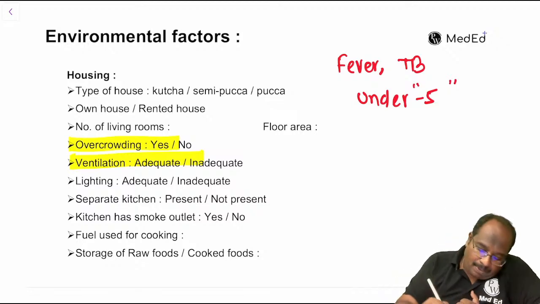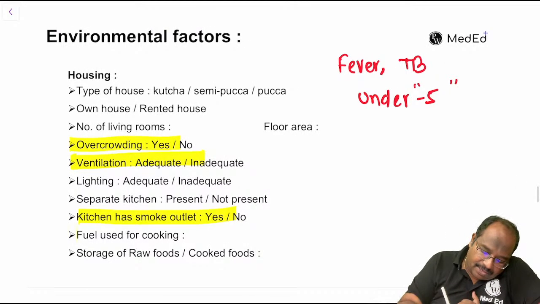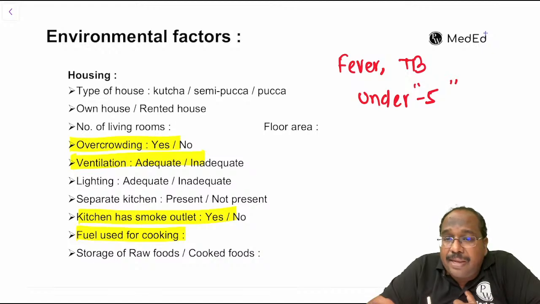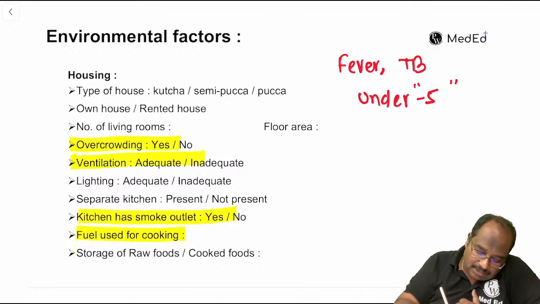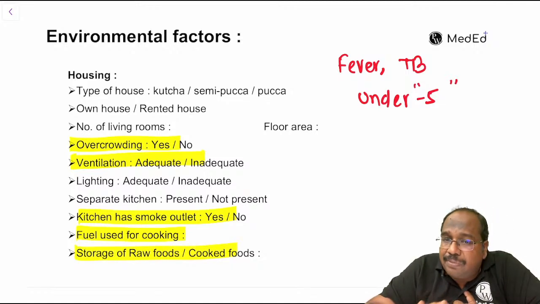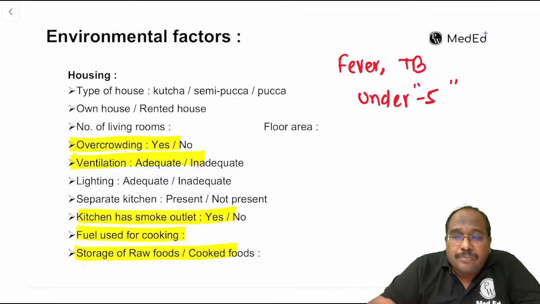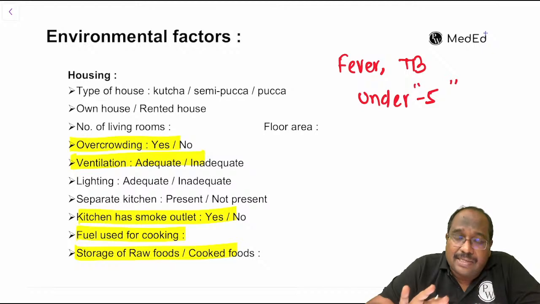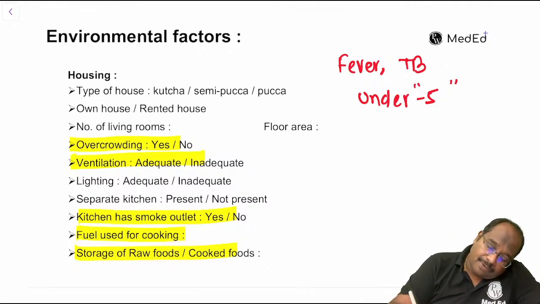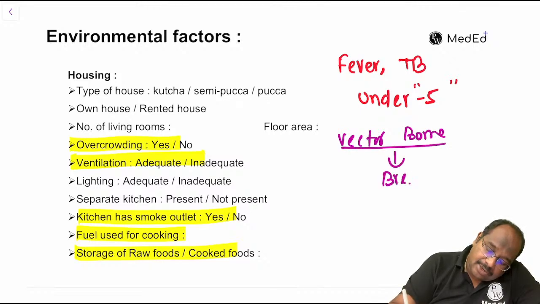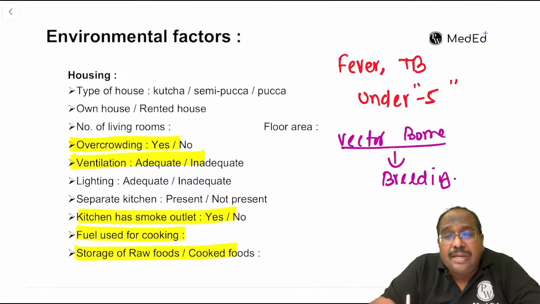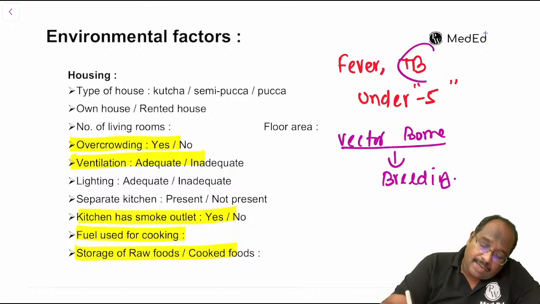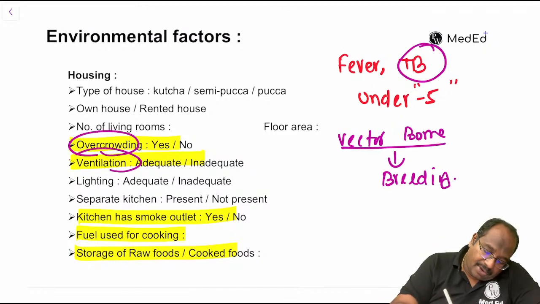Also the type of fuel used for cooking and whether a separate kitchen is available, because indoor air pollution may cause pneumonia in a child. The source of water is also important, especially with fever and diarrhea. When you are suspecting typhoid, environmental factors are important. If you are looking for vector-borne disease, you ask about breeding places in and around the houses. If it's TB, I want to know about overcrowding and ventilation.